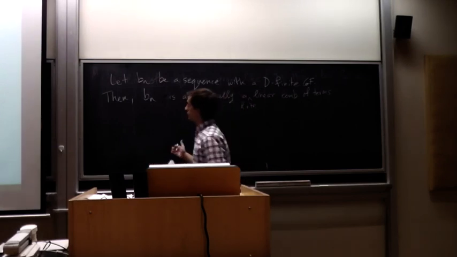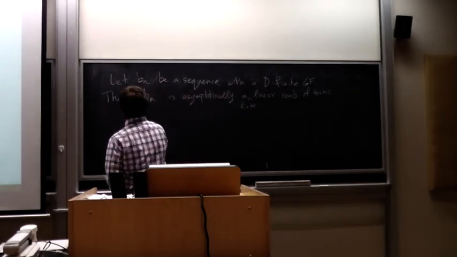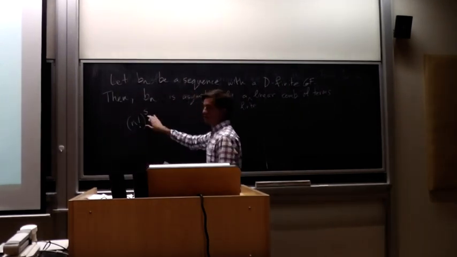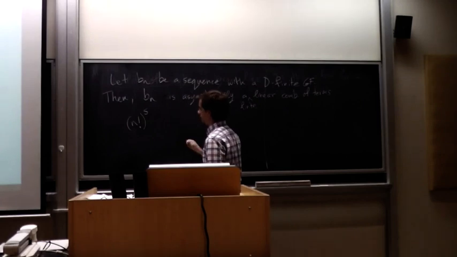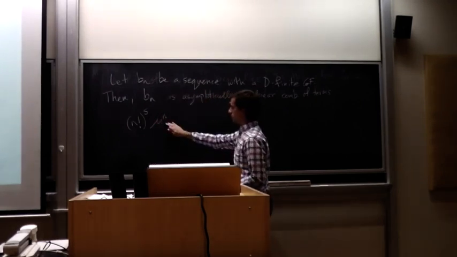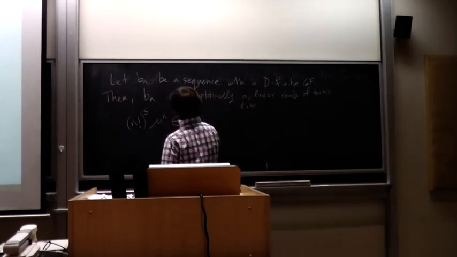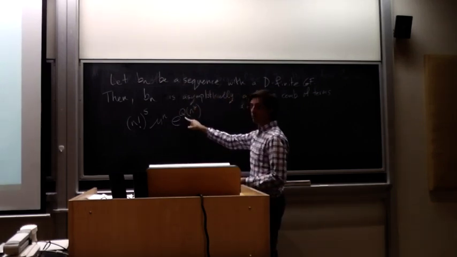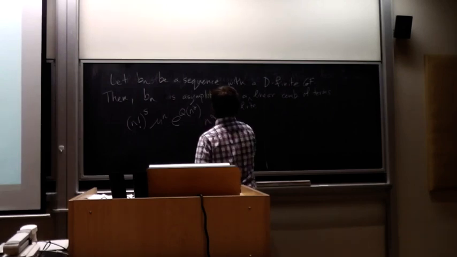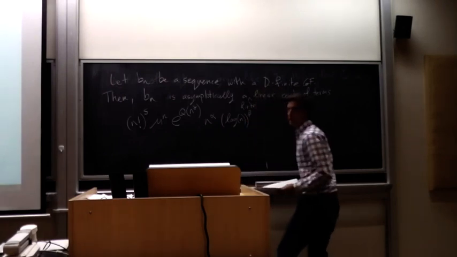What can D-finite functions do? Well, for starters, they can have an n factorial to the s, and I'll tell you the restrictions on s and the other variables in a second. They can have the same mu to the n that we saw before, the exponential part. They can have this weird term that's e to the q of n to the gamma. This is a polynomial in n to the gamma. They can have an n to the alpha and a log n to the beta.